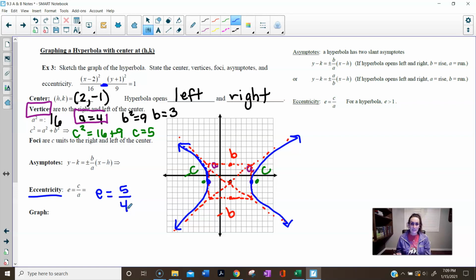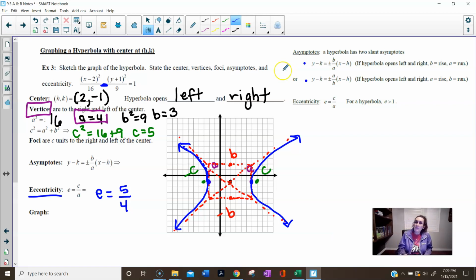The asymptotes. So if they wanted the equation of these diagonal lines, up here tells you how you can write the equation. Basically, though, we're still looking at rise over run. So that's your B over A or A over B. But we have to shift it from 0, 0 to starting it from H, K. So that's why it's just a little bit different.